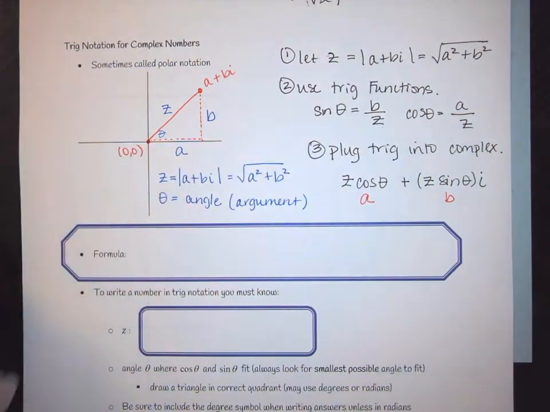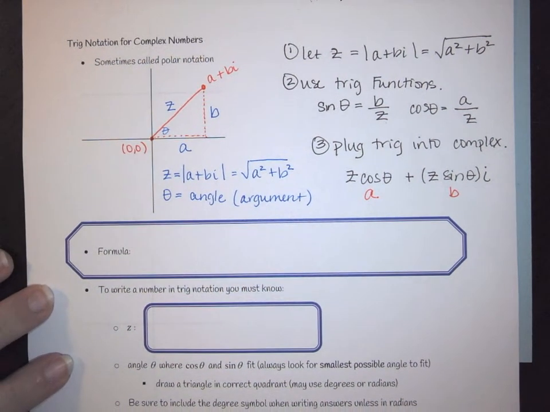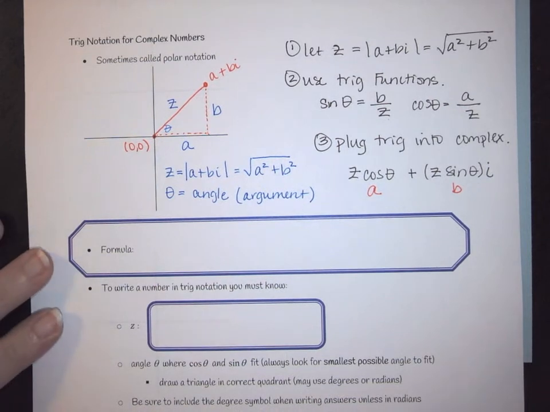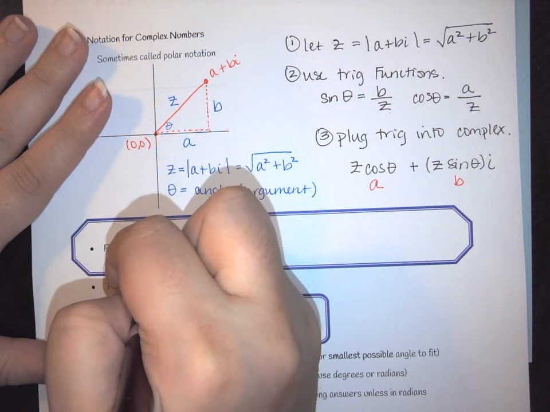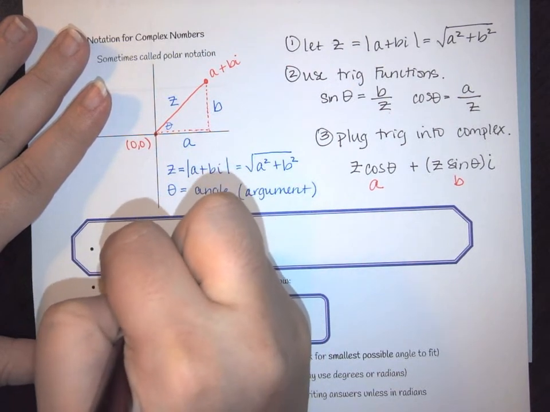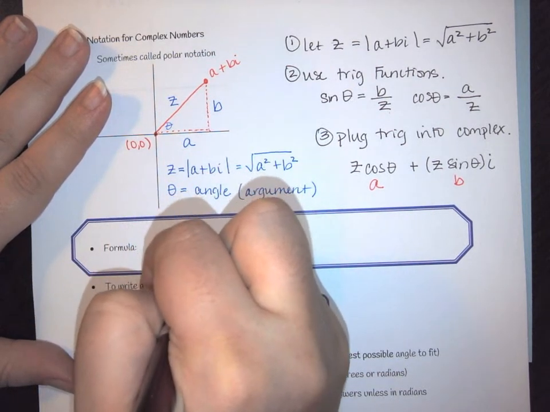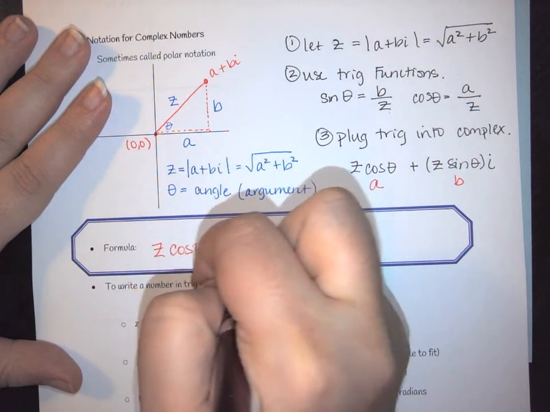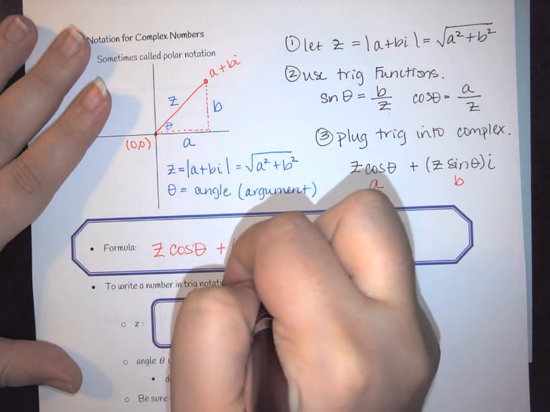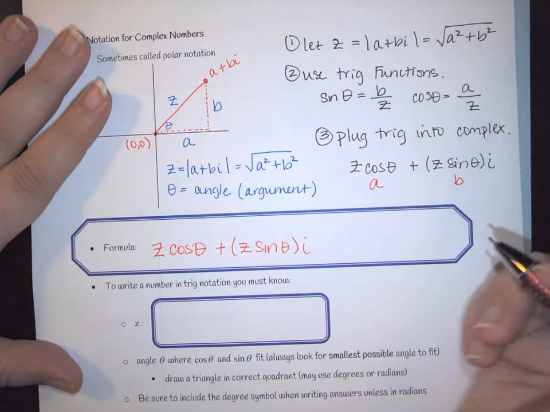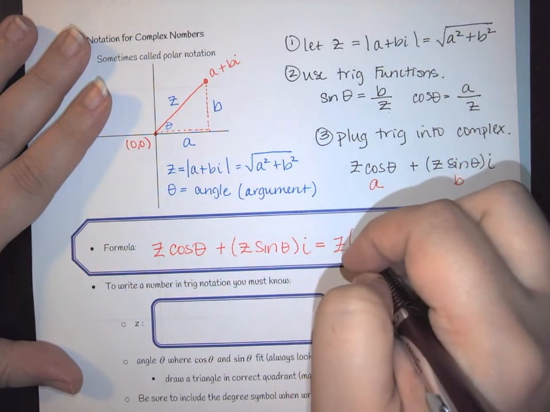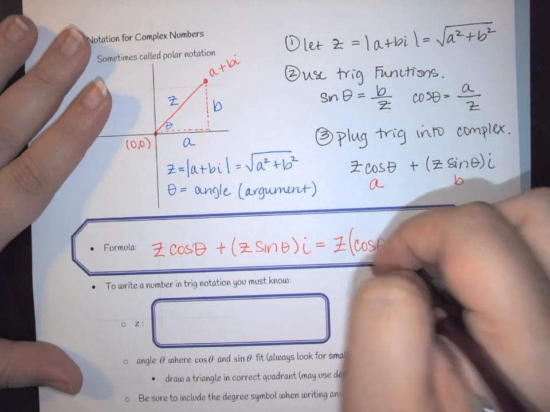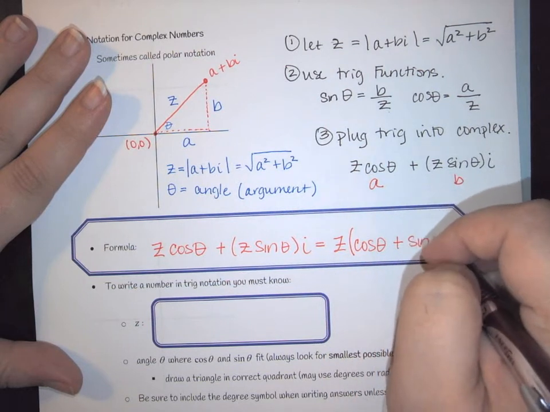So when we're looking at it, the formula that we have to use can be written in two ways. The first is z cosine of the angle plus z sine of the angle i, which is going to be the same thing as z times cosine of the angle plus sine of the angle i.